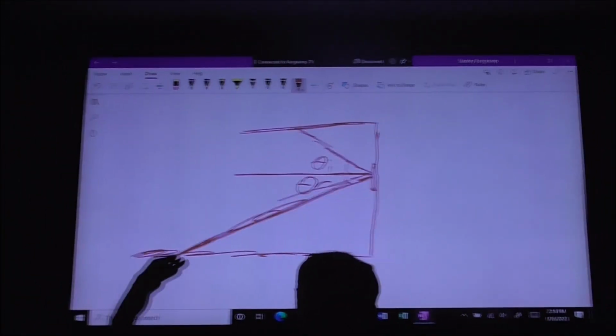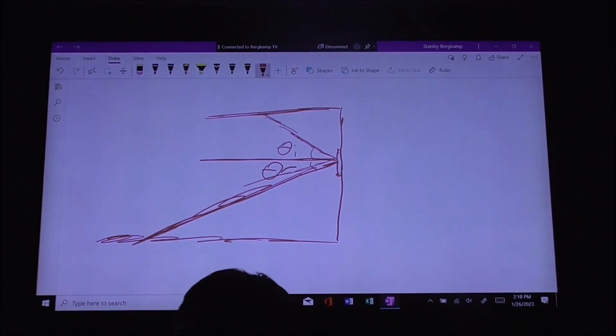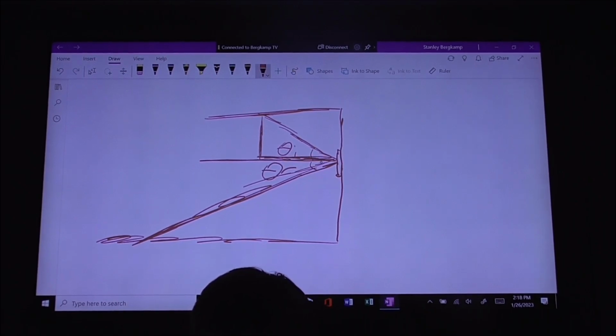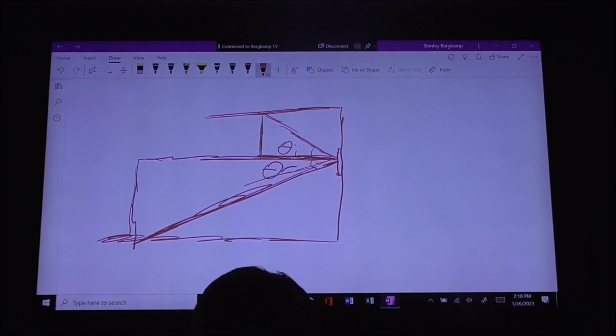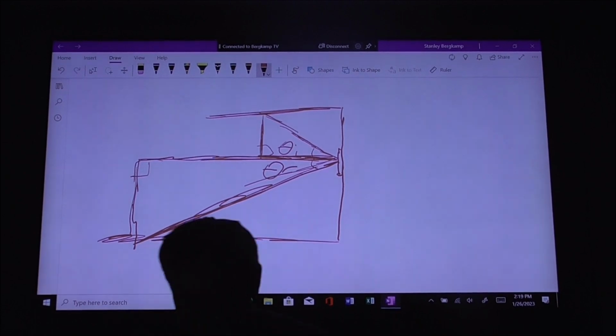So this is kind of a geometric application. There's a couple of ways you can do this. If you look at this in terms of a triangle, this is going to be a right angle, that's going to be a right angle.